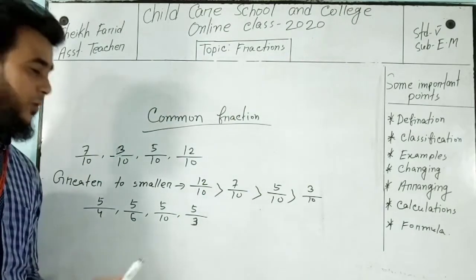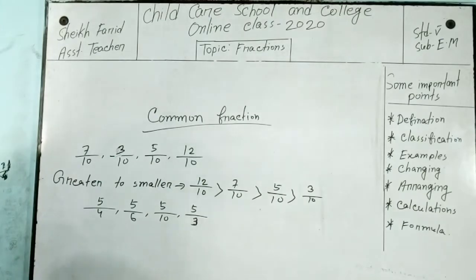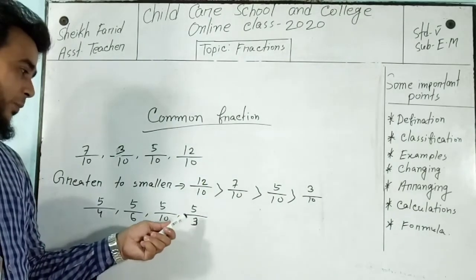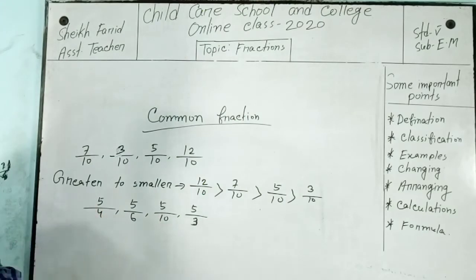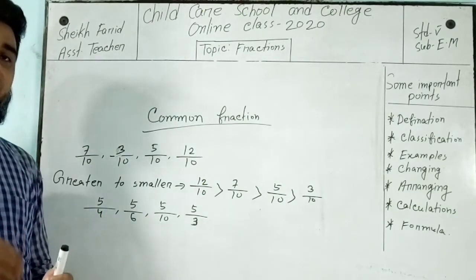From this discussion we come to a result: if the fractions have equal numerators, the fraction with the greatest denominator will be the smallest fraction.